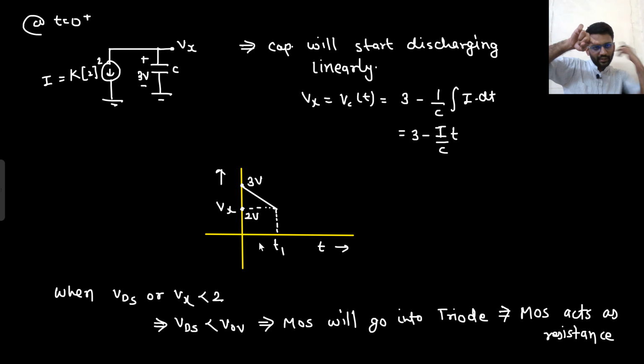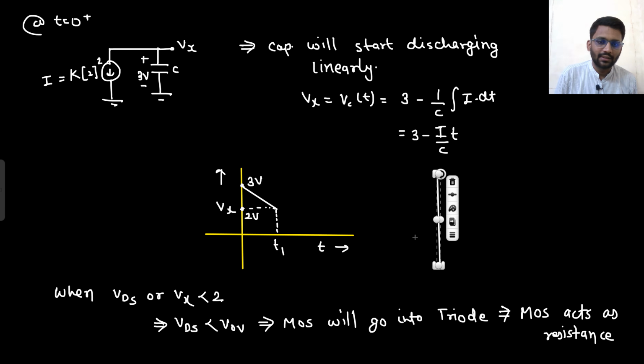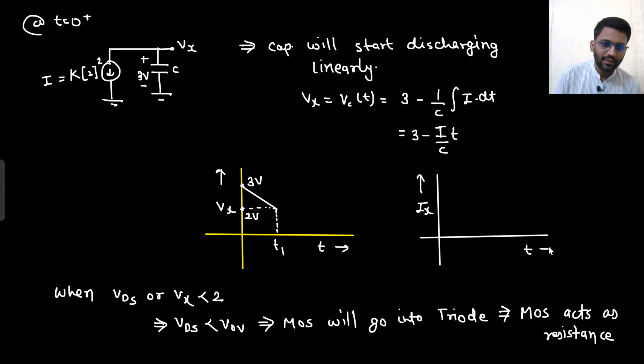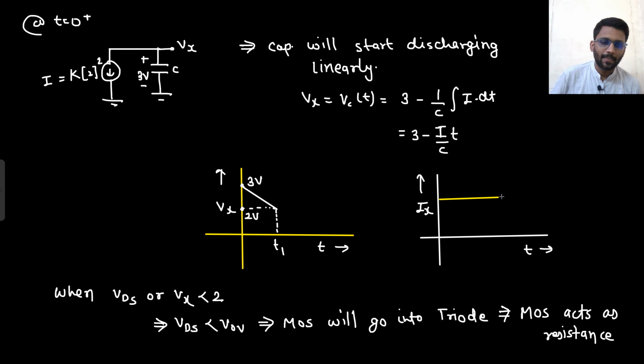When Vx goes down from 3 to 2 volt, it goes linearly and the current is constant. Drawing Ix versus time t, the current is constant at K into 2 square till time t1.